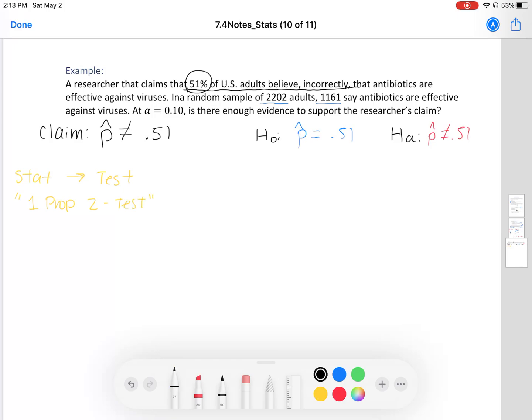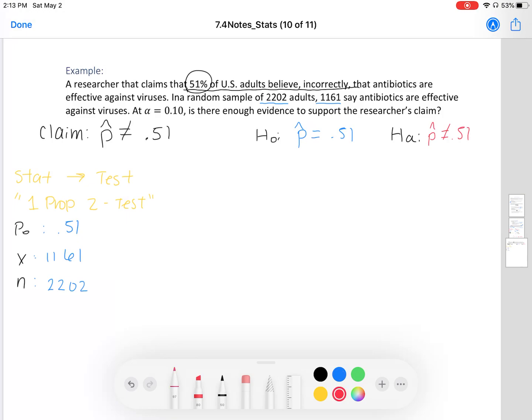You want to put in those pieces: your p0, your X and your N, and then your tail. All right, in our case, our p0 is 0.51, and our sample size, our N is 2,202, and our X is 1,161.